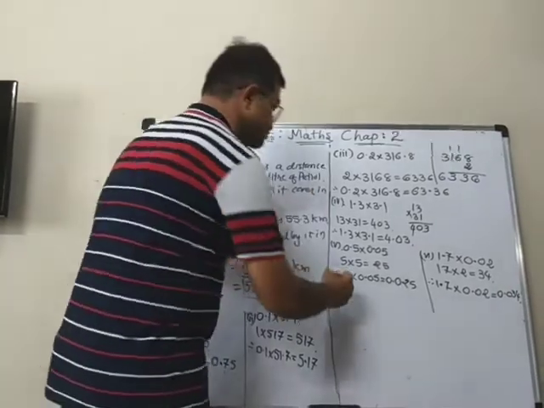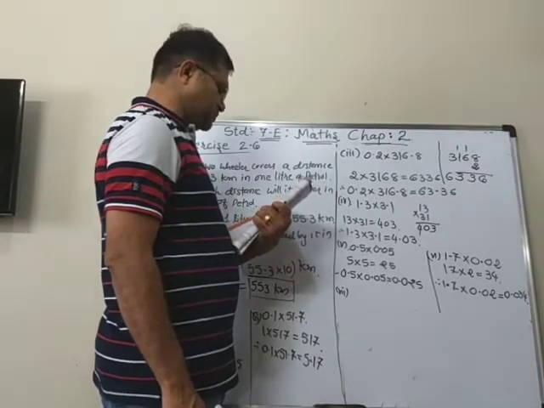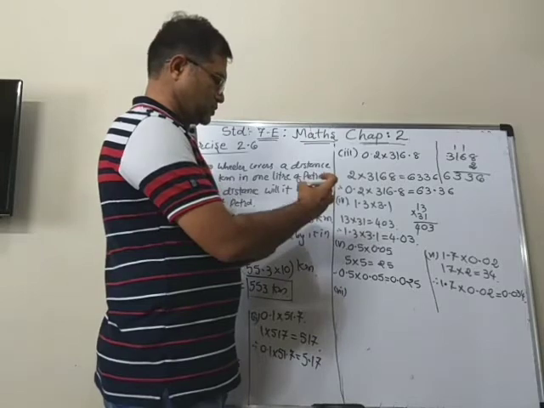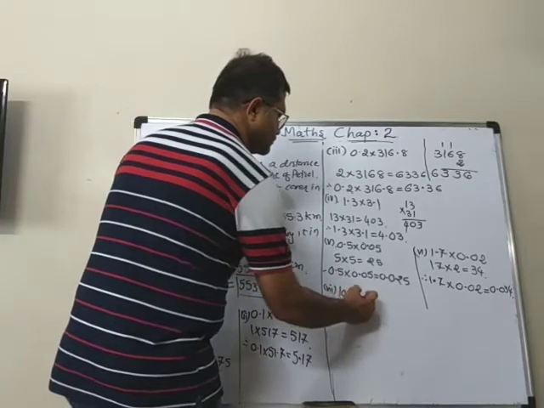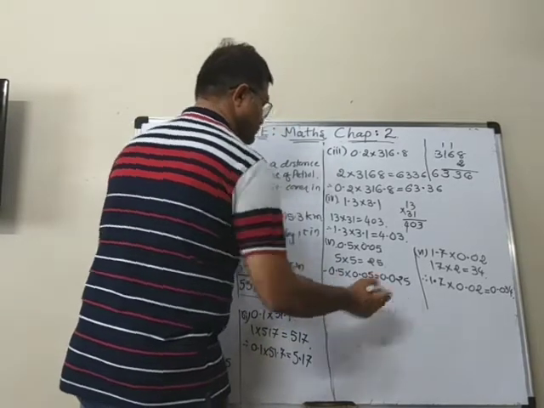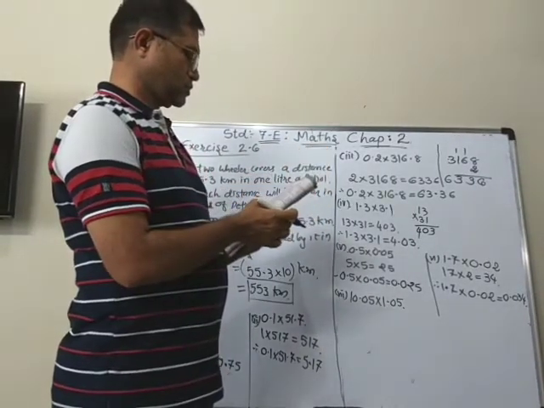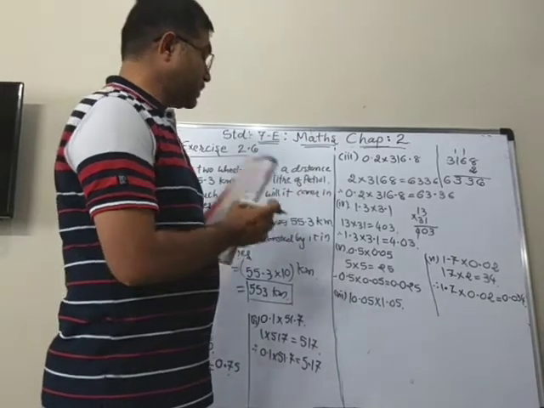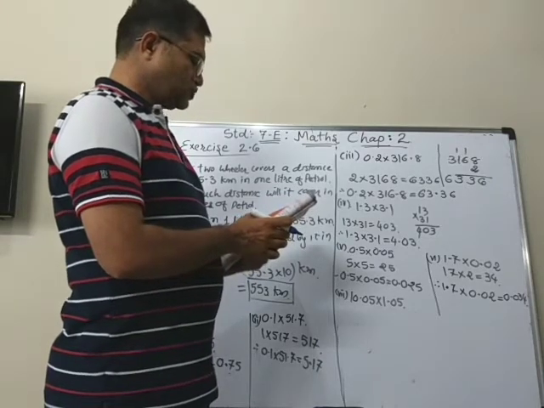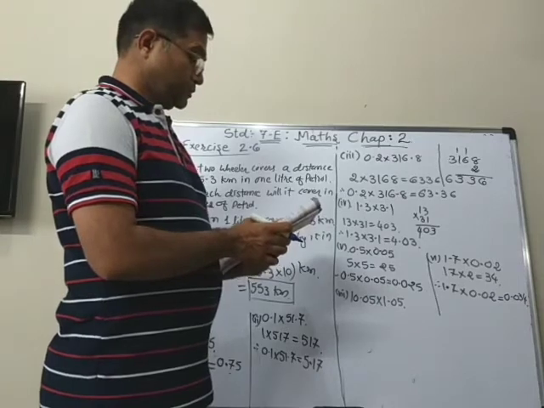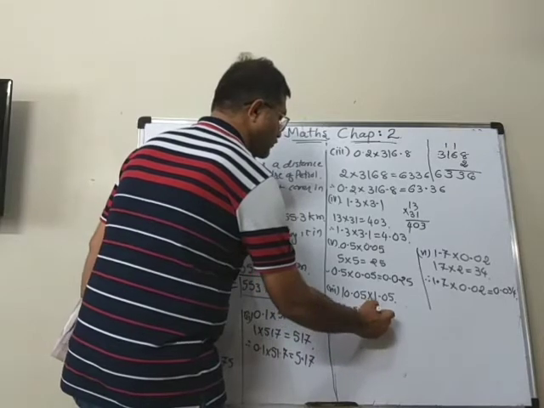Seventh one. 10.05 multiplied by 1.05. So here it will be 10.05 multiplied by 105.